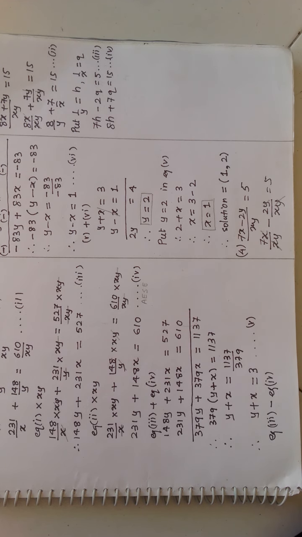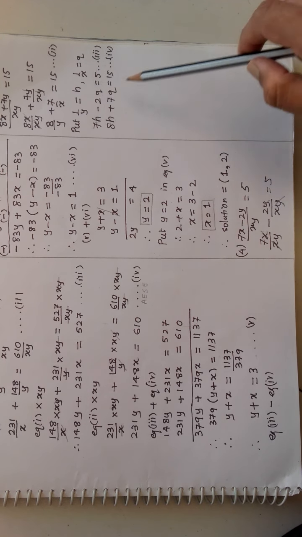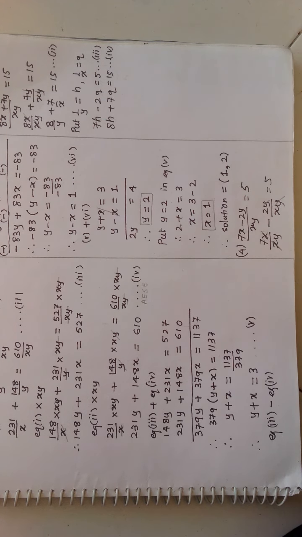Now, if you see this, neither is there coefficient 1 for any variable, nor is it crosswise the same. Here it is the same, but here it is not there. So here you will have to do one thing. Either you eliminate, that means you find the value and put it there.